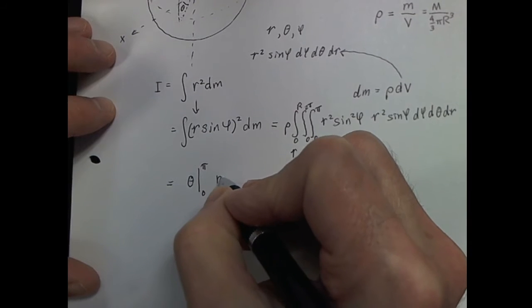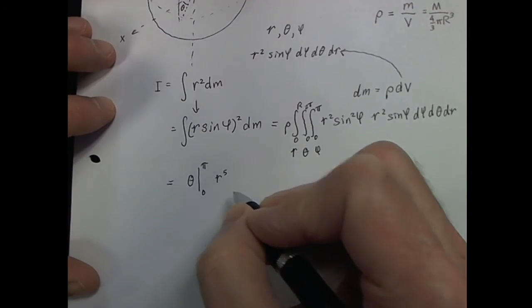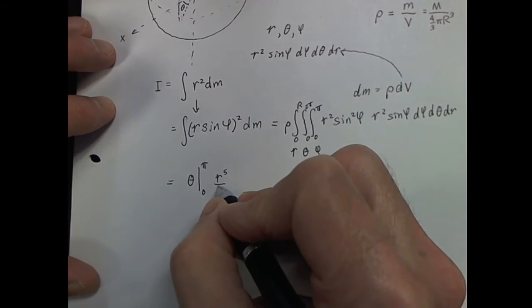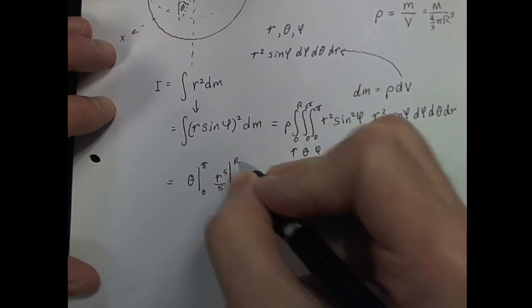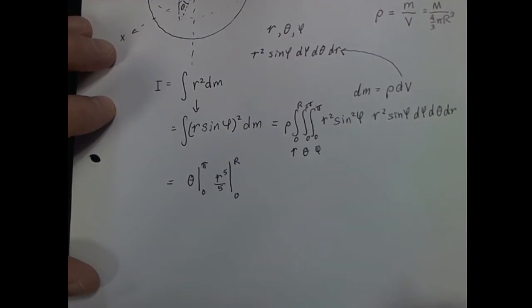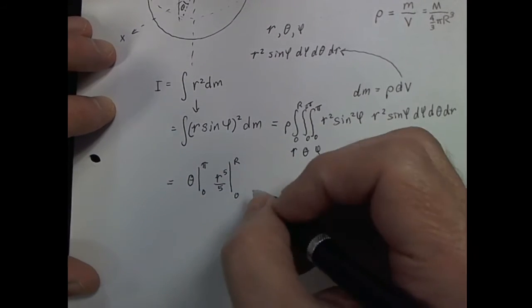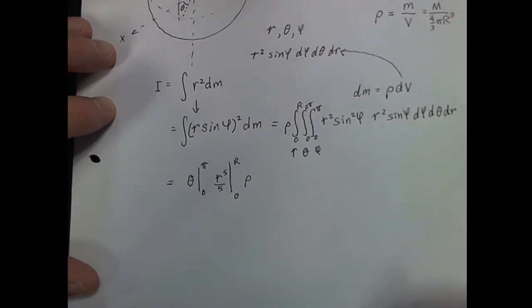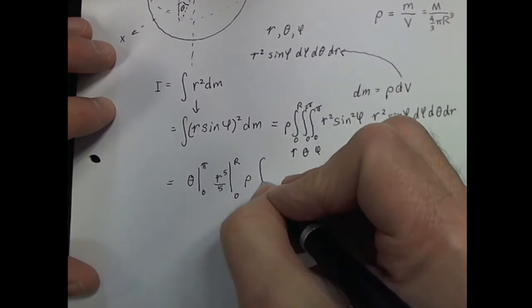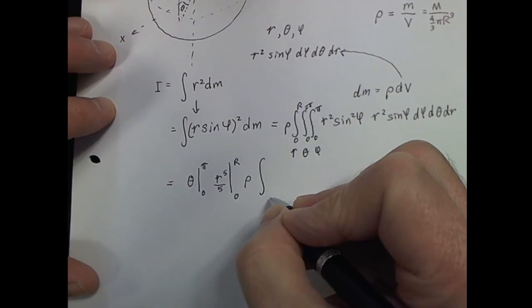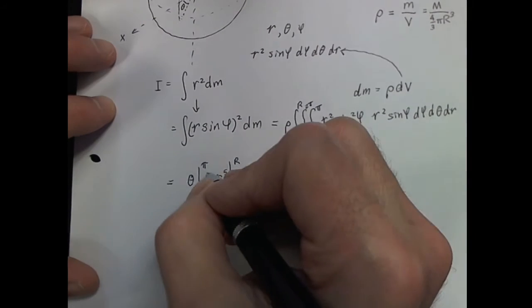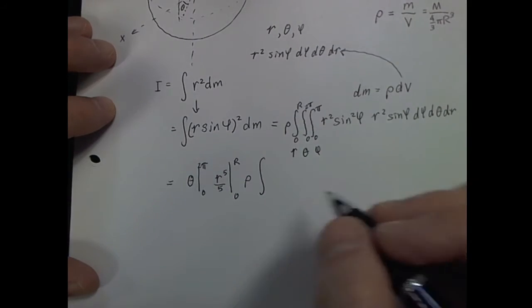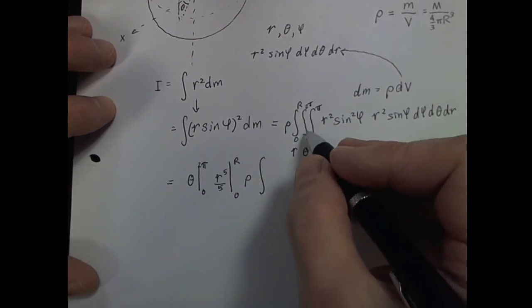So the integral of that would be r to the fifth over 5, evaluated from 0 to capital R. We still have this rho out here. And now we're left with the integral from, I'm sorry, this went to 2 pi, 0 to 2 pi on theta.